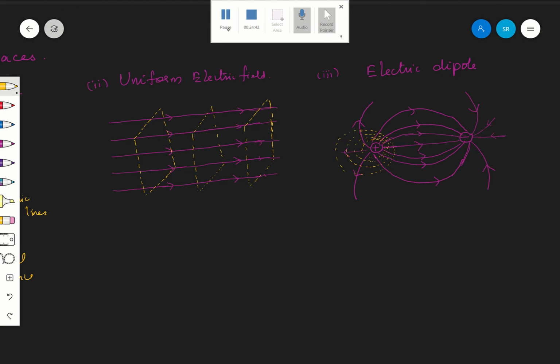Here also, if you draw here, the lines are closer, near, and if it goes here slightly, it's not so close.